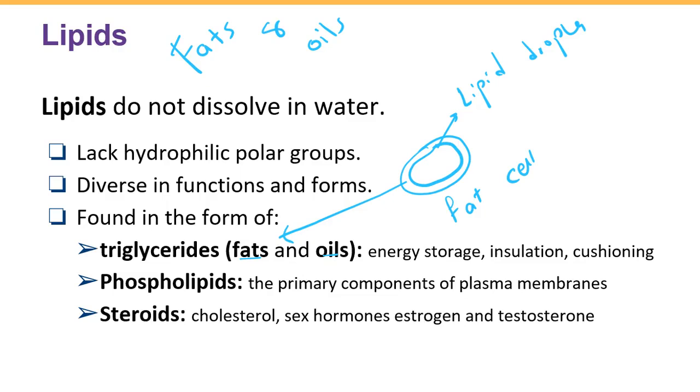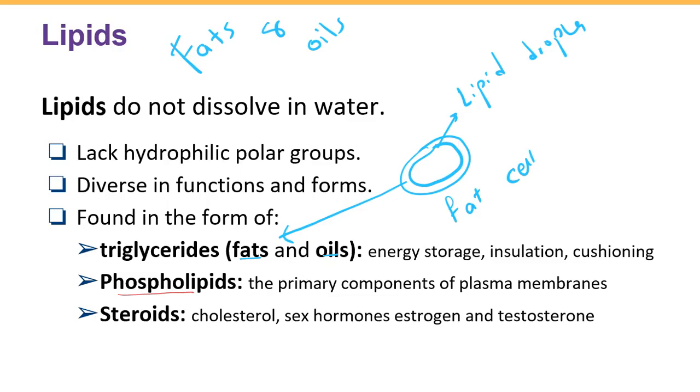Then another type of lipid, which is my favorite, is phospholipid. The phospholipid is a primary component of the plasma membrane. It makes up the cell membrane, which is the protective barrier around the cells that separates the inside of the cell from the outside of the cell.